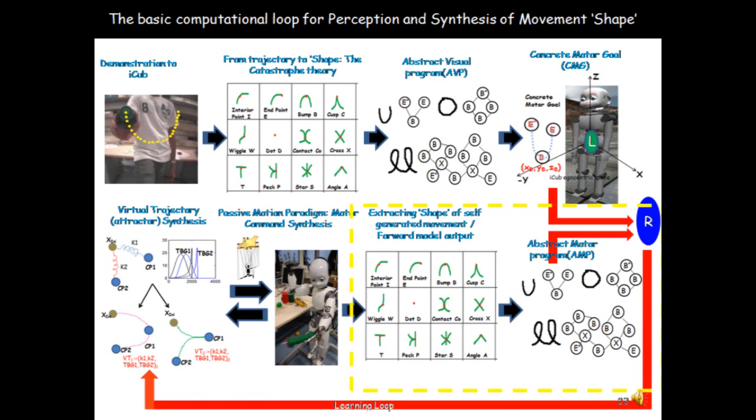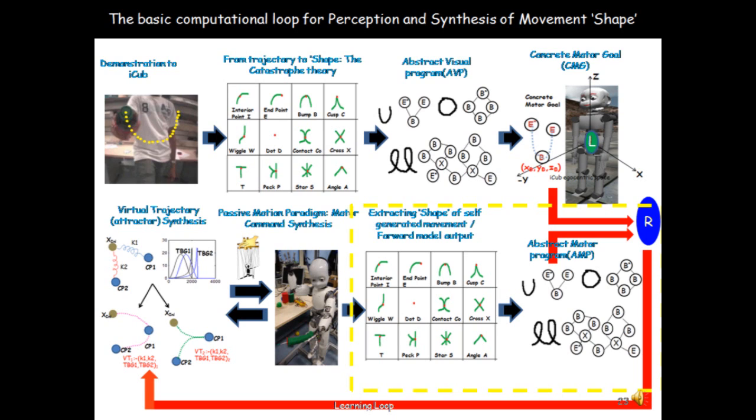Now once the robot performs the movement, through proprioception it also gets the trajectory generated by its own end effector. Now comes the question of how we close the learning loop. It's very simple, because once again you can extract the shape of the trajectory generated by your own end effector using the same method that we used to move from trajectory to shape of a teacher's demonstration.